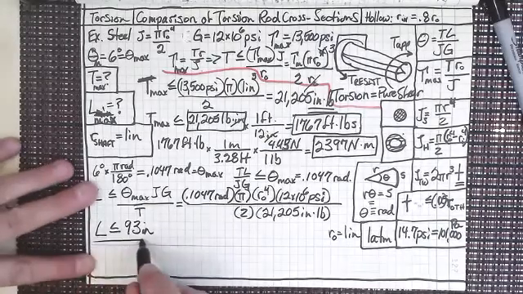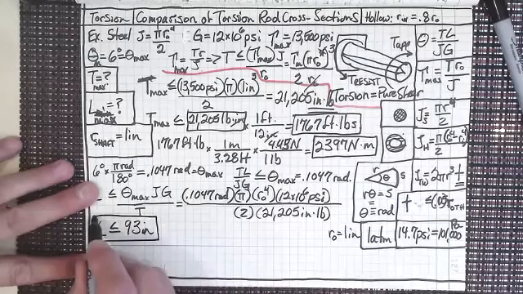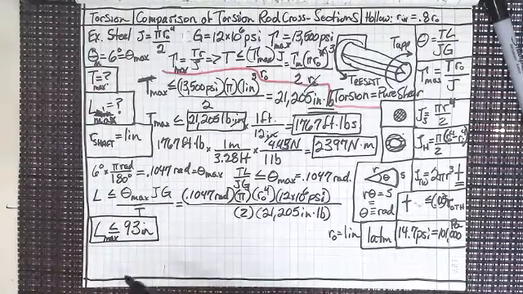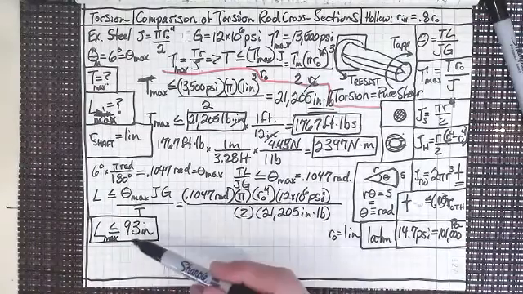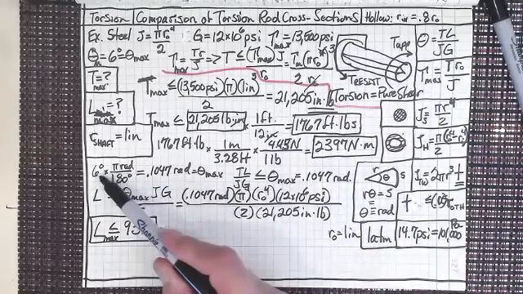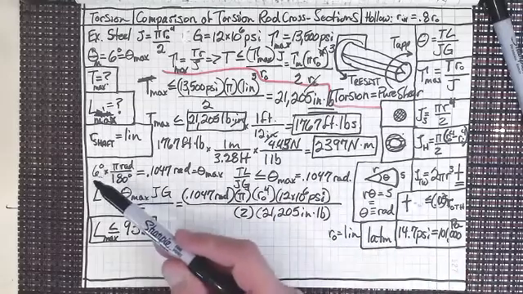So we know that this has to be less than or equal to L max. It has to be less than 93 inches, or if I make it longer than L, it's going to be more than the 6 degrees, which is our design criteria.